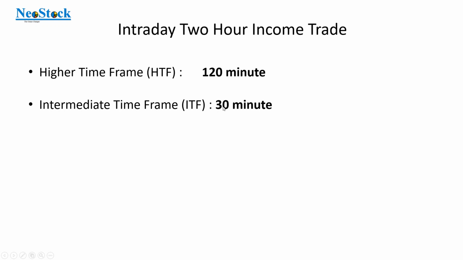You have 4 30 minute candles between 30 minutes and 120 minutes. That means 4 30 minute candles are equivalent to one 120 minute candle. To make one 120 minute candle, we need 4 30 minute candles. That's why the intermediate time frame is 30 minutes.